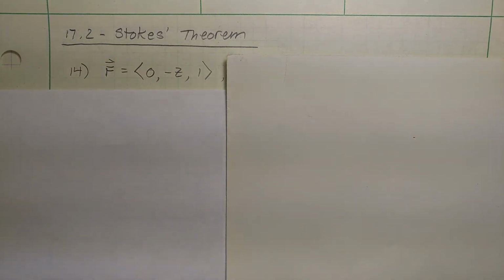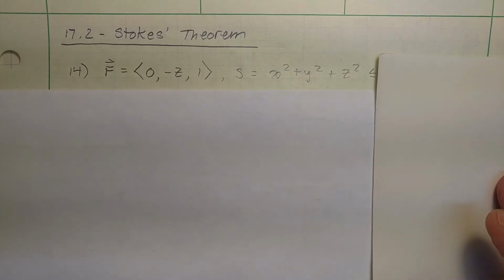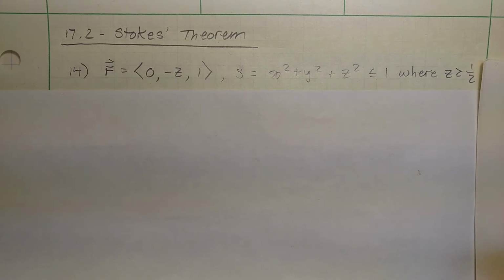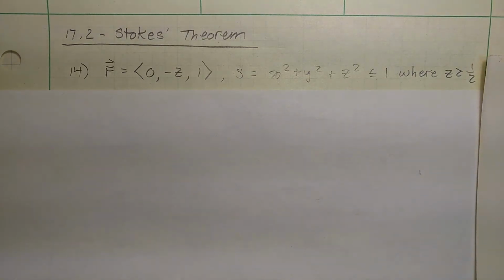So we have our vector field <0, -z, 1>. And then it says that S, our surface, is the spherical cap x squared plus y squared plus z squared is less than or equal to 1, where z is greater than or equal to 1/2.